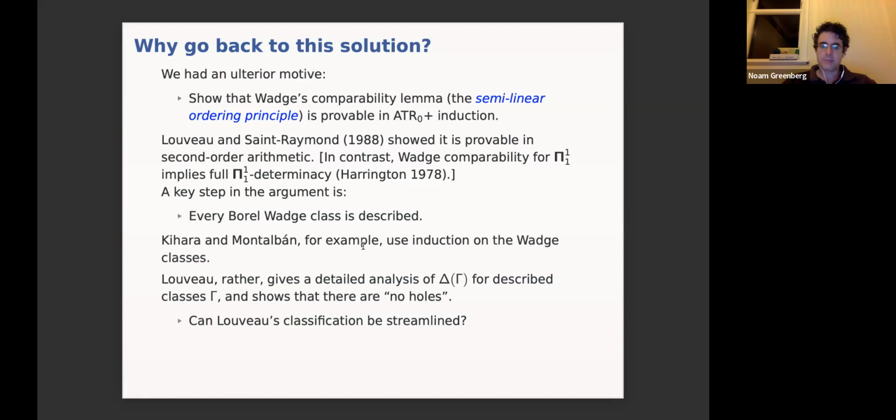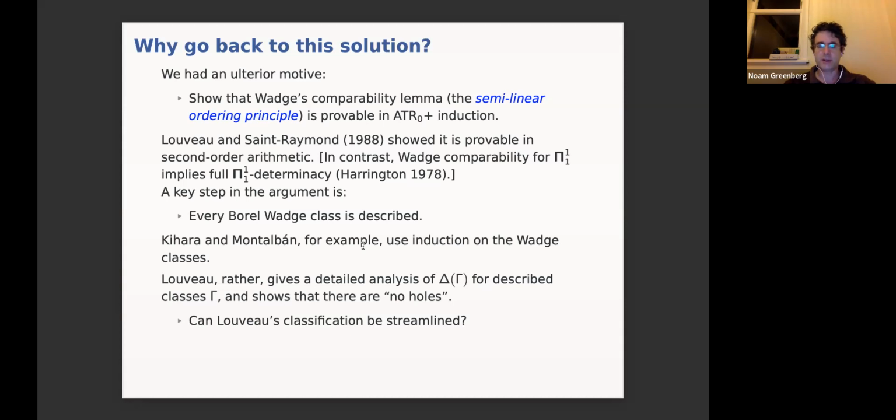And one of the key steps is to show that every Borel-Wadge class has one of the descriptions given by the list that I gave so far. There will be caveats later with respect to non-self-dual classes, but we'll get to that.